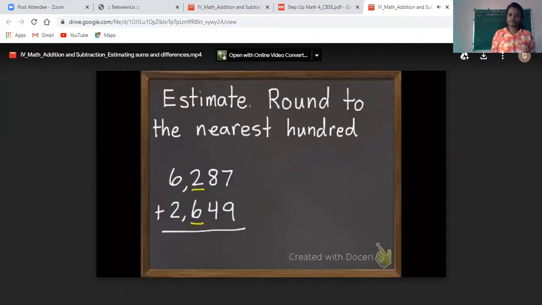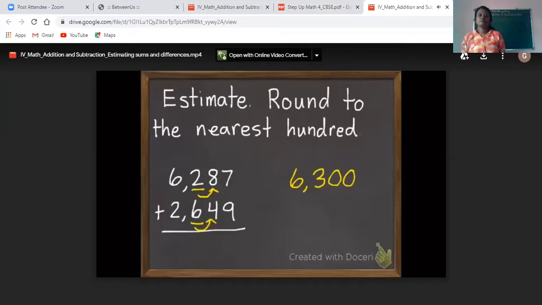So I'm going to round each of these two numbers to the hundreds. So 6,287, deciding if that 2 is going to stay the same or if it's going to go up to a 3. Since the number after it is 5 or higher, it will go up to a 3. So that rounds to 6,300.